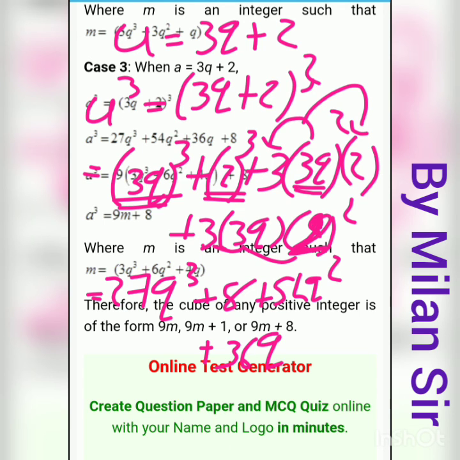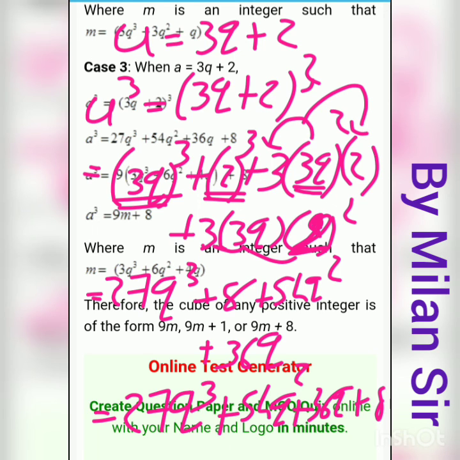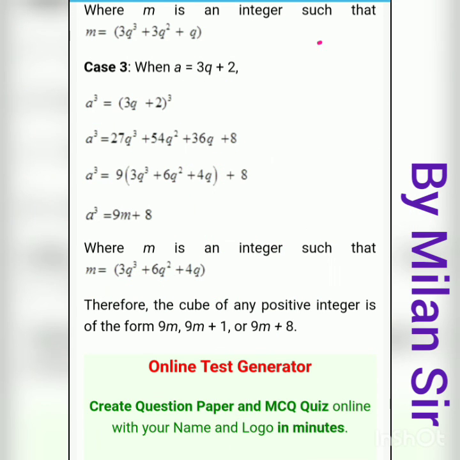First term cube, second term cube, 3a square b and 3ab square. Now we need to arrange the terms. So first of all 27q cube, after that 54q square, after that 36q, and after that we have plus 8. So we get this line: 27q cube plus 54q square plus 36q plus 8. Now our third form is 9m plus 8, right? So here we need to convert this answer into the form of 9m plus 8. Here we already have plus 8, so we put it as it is.